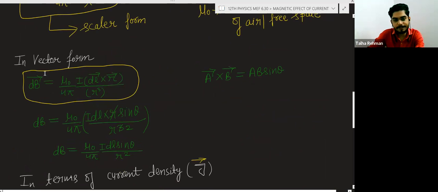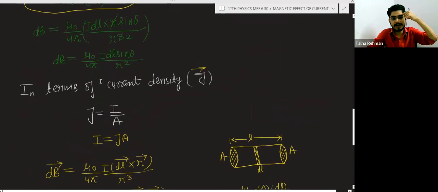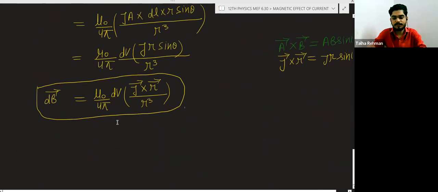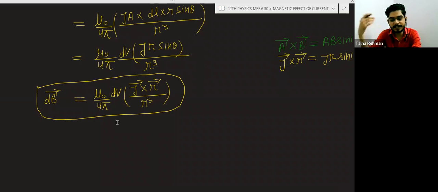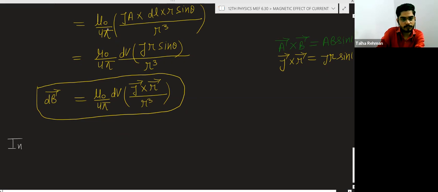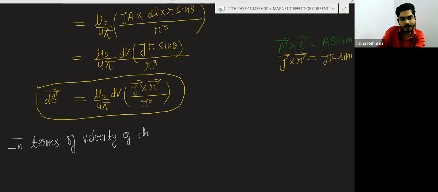So we have derived the Biot law in the vector form, and in terms of current density, the Biot law will be this. Suppose you are calculating the magnetic field in terms of velocity of charge. So what does it mean?